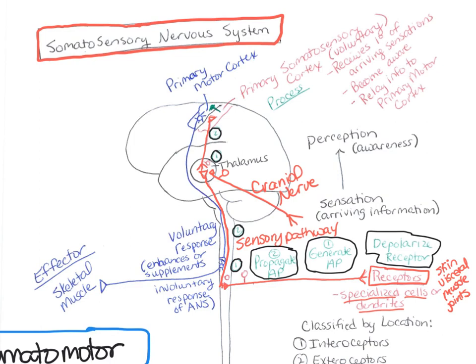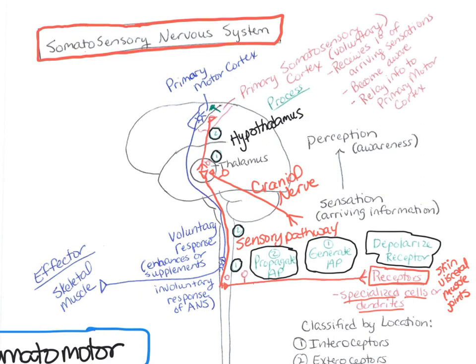Most of the time, actually 99% of the time, that area in the cerebrum that last neuron goes to will be somewhere in the hypothalamus or in some of the other areas in the brain that will be able to coordinate an involuntary response.